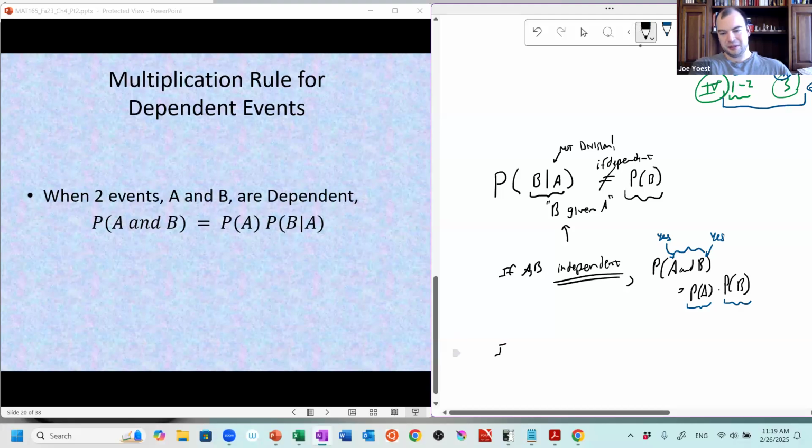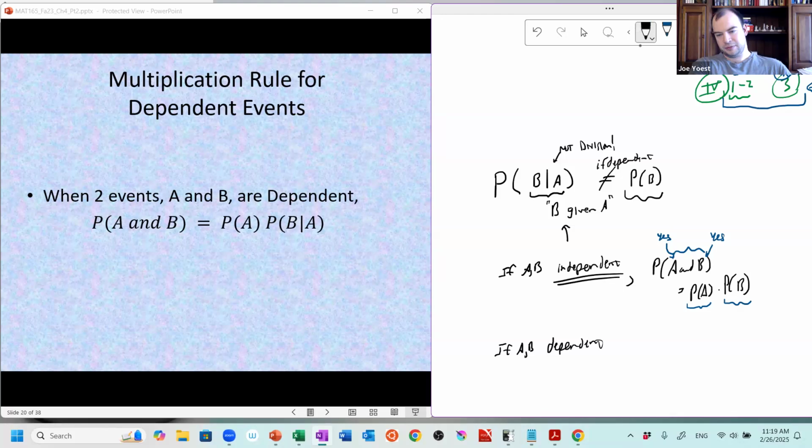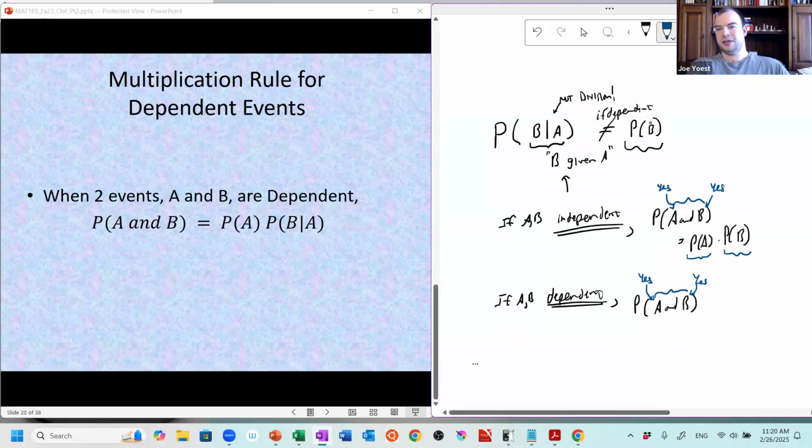If A and B are dependent, again, we have probability of A and B. This compound event, A and B, means, again, if I'm in the event, has A occurred? Yes, A must have occurred. If I'm in the event, has B occurred? Yes, it also must have occurred for this event to have happened.